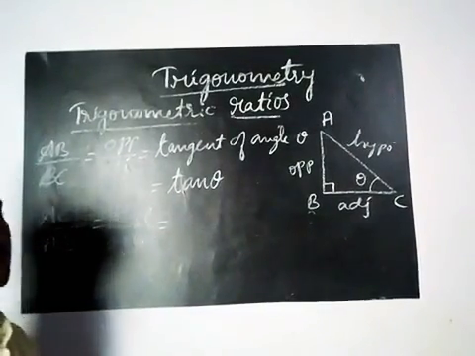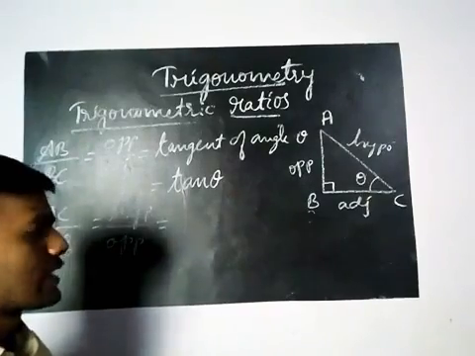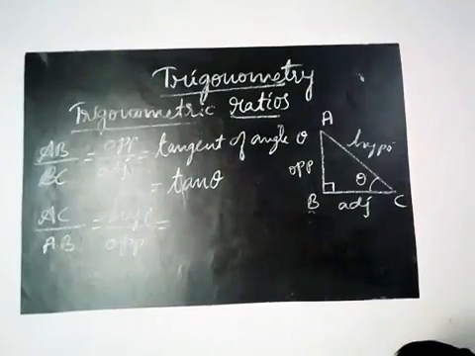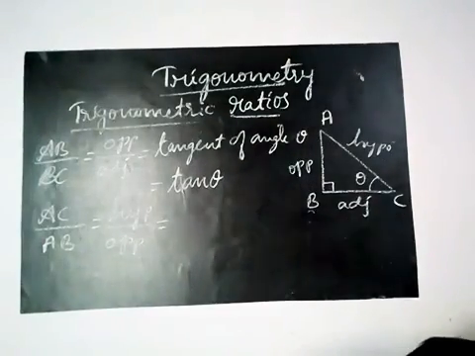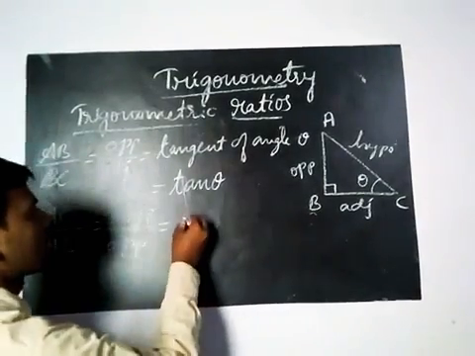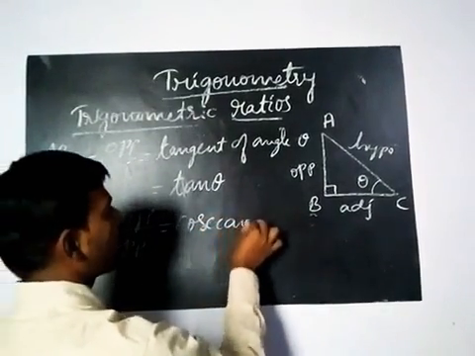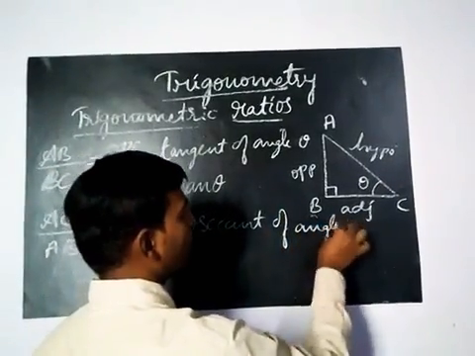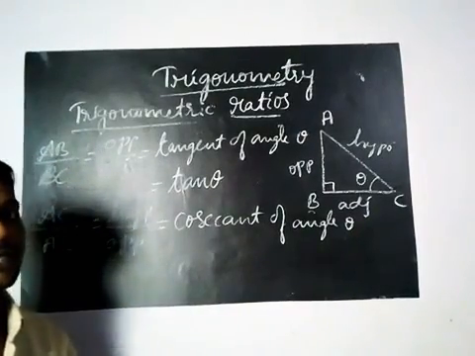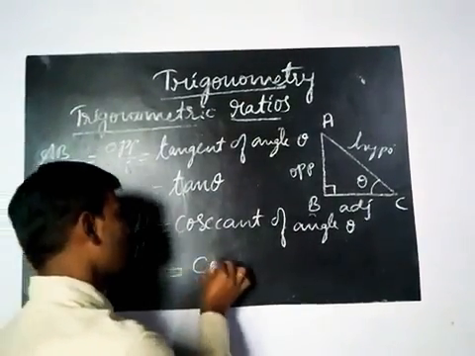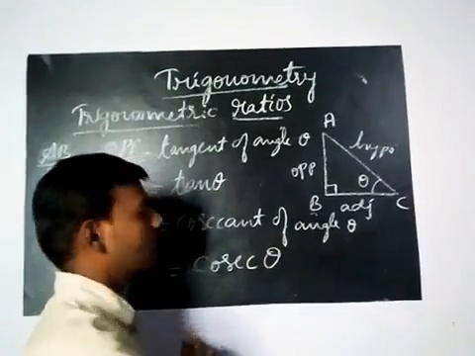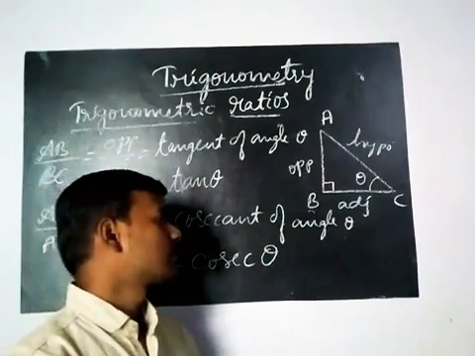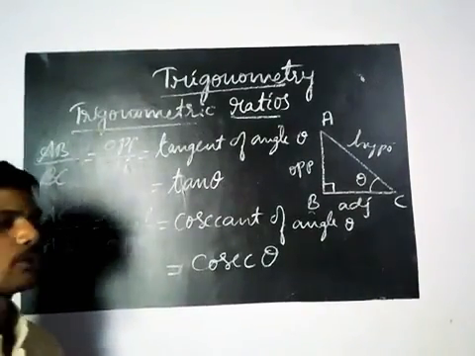This ratio has a special name in trigonometry, that is cosecant of angle theta. In short form it is called cosec theta, or you can call it cosecant theta. Cosecant theta is the ratio of the hypotenuse to the opposite side.